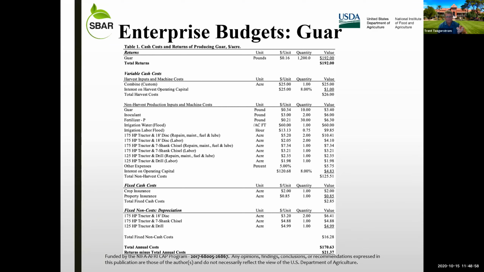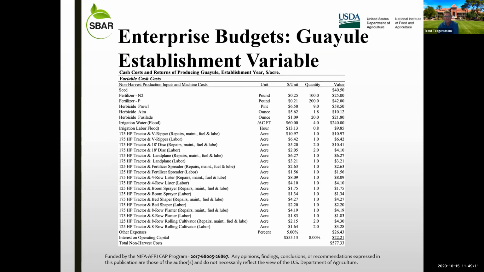And you can see we do the returns, we do variable costs, fixed costs, and then fixed non-cash costs, depreciation, that kind of stuff on the equipment used. And then you get your returns minus annual total cost on there. We do an establishment cost for Guayule, set up that budget, and you look at the operations that we'd have in there so far.